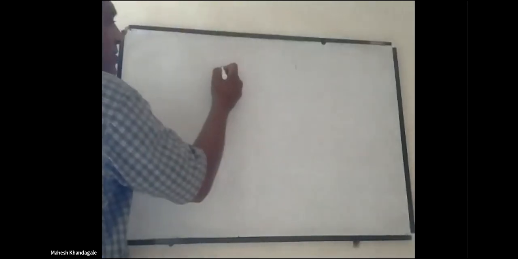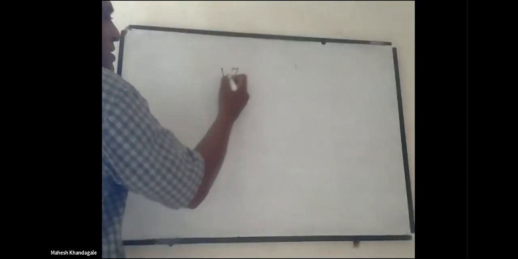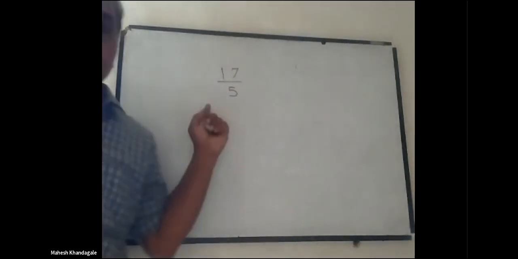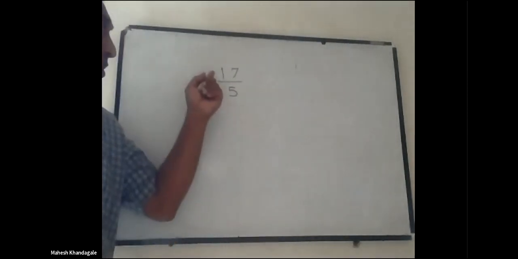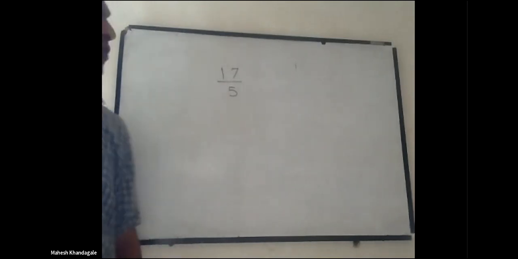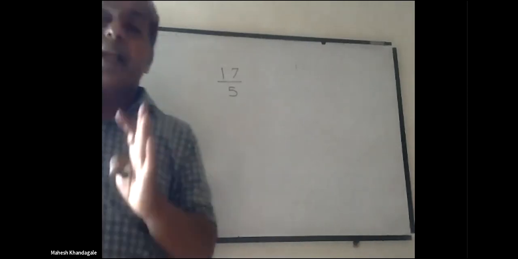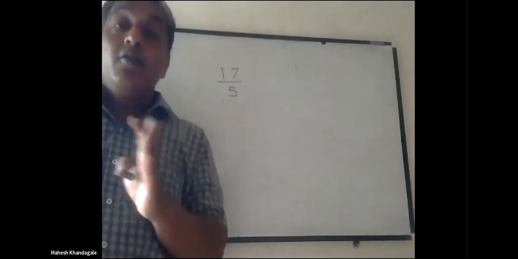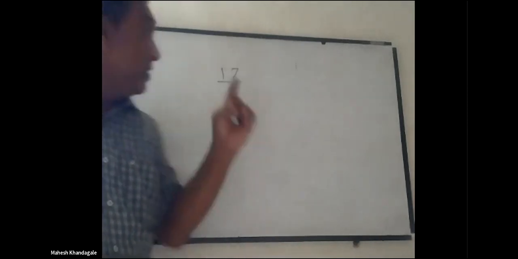We will take, suppose now, 17 upon 5. So what we see, this is 17, this is 5. First of all, we will split it up. How?